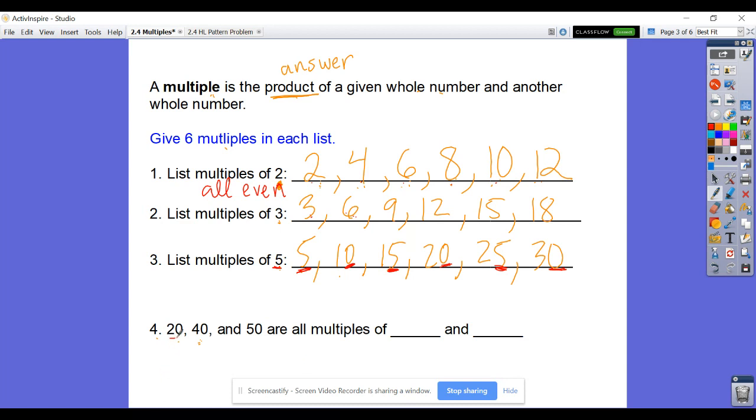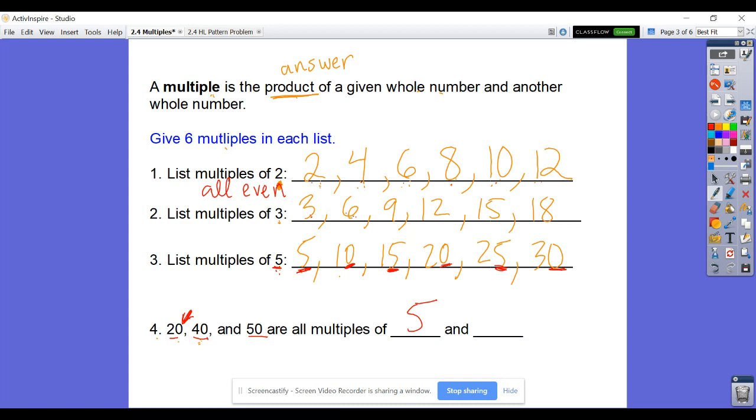But let's think about the numbers 20, 40, and 50. Right away, I'm like, oh, these all have a 0 in the ones place. So I could use my pattern for multiples of 5. I could say, I know these are all going to be multiples of 5 because they have a 0. So that would be one possibility.